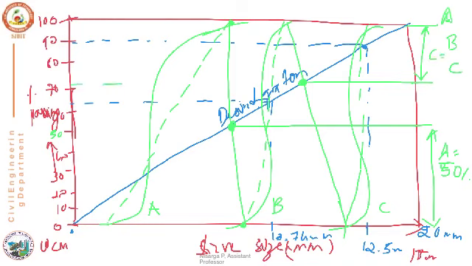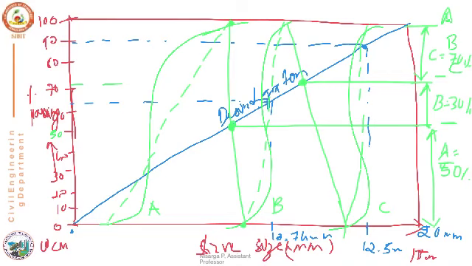If you check this particular point, almost 70% will be aggregate C and the remaining 30% will be aggregate B. So to get the required gradation as per the recommendation, we have to blend 50% of aggregate A, 30% of aggregate B, and the remaining 70% aggregate C.